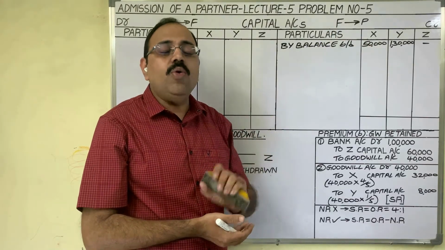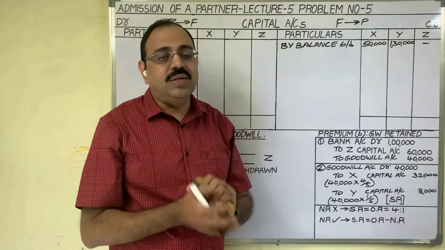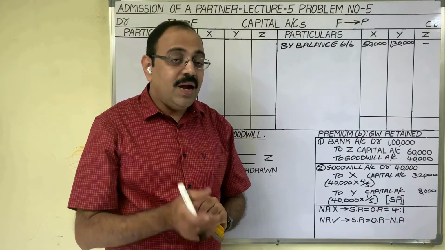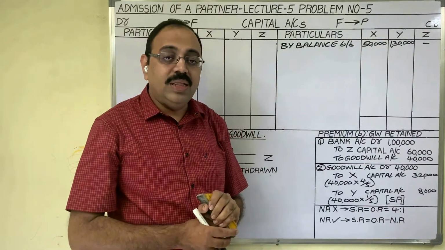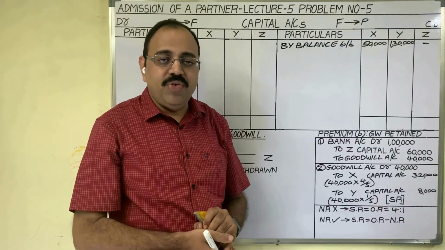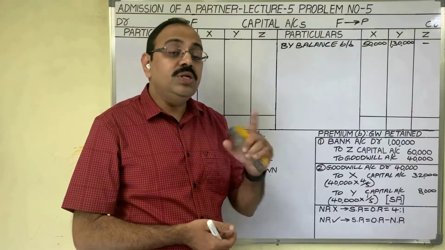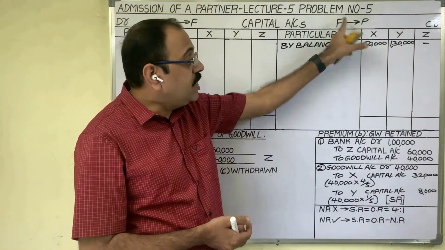So after writing opening balance, we should write revaluation account answer. In revaluation account, we got profit. That profit we transferred to old partners' capital accounts. That entry we should post here. If you are writing journal entries, that entry we post. Here, without journal entries, we are preparing capital account now. So we have to depend on these hints.